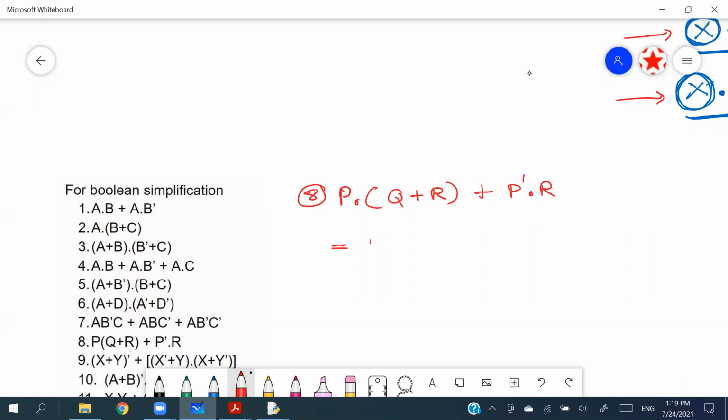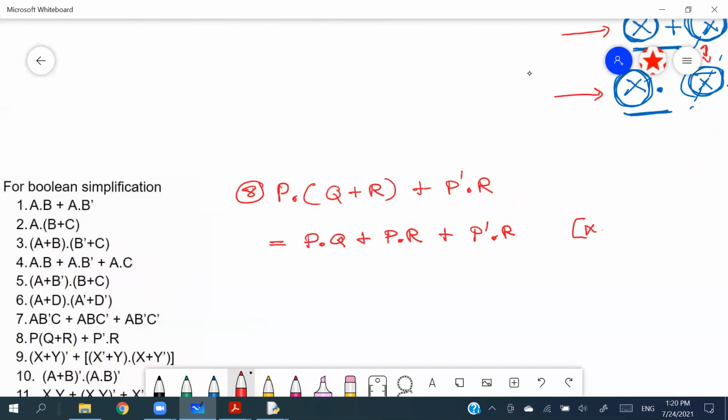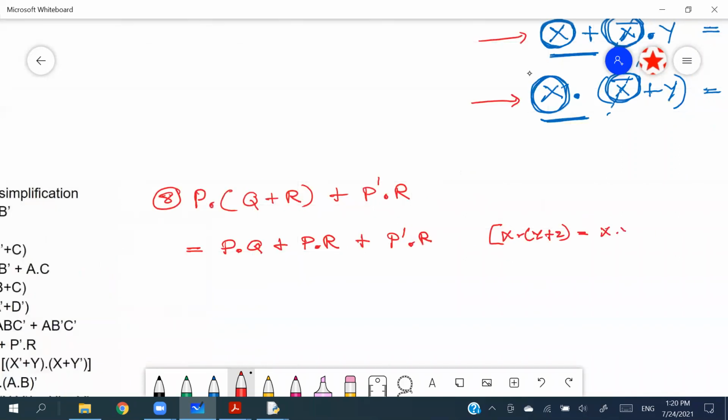So let's apply it. P dot Q plus P dot R plus P bar dot R. So the reason is the distributive law, x dot y plus z equals x dot y plus x dot z.